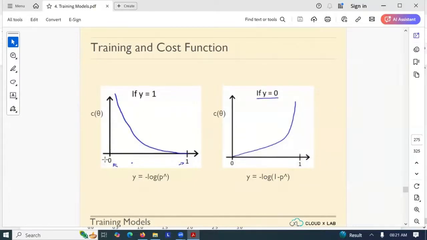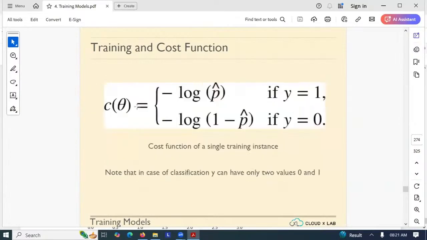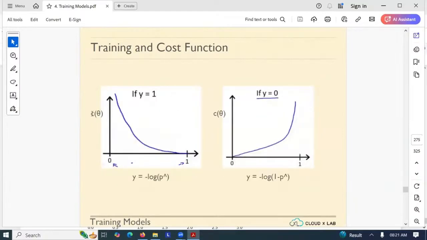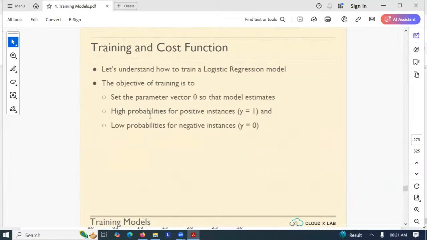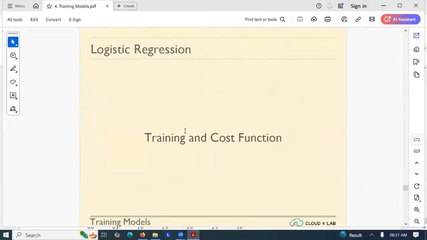As you can see here, if the actual output is the positive class, but the model is predicting the negative class, in that case there will be infinite loss. If you use this equation, minus log p hat, then this satisfies our condition. Because what exactly do we want? We want high probabilities for positive instances and low probability for the negative class.